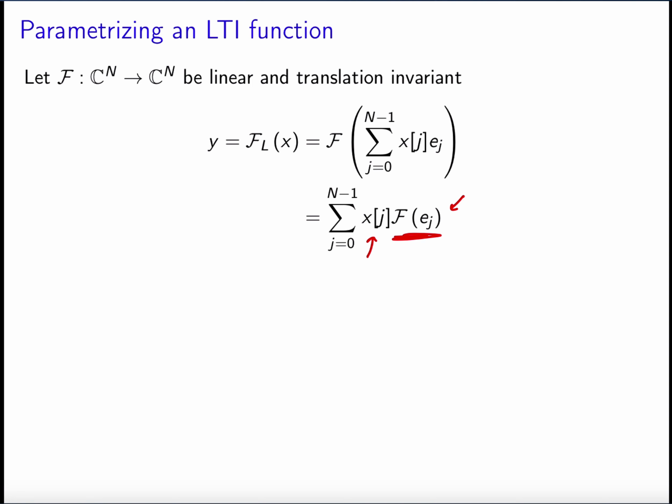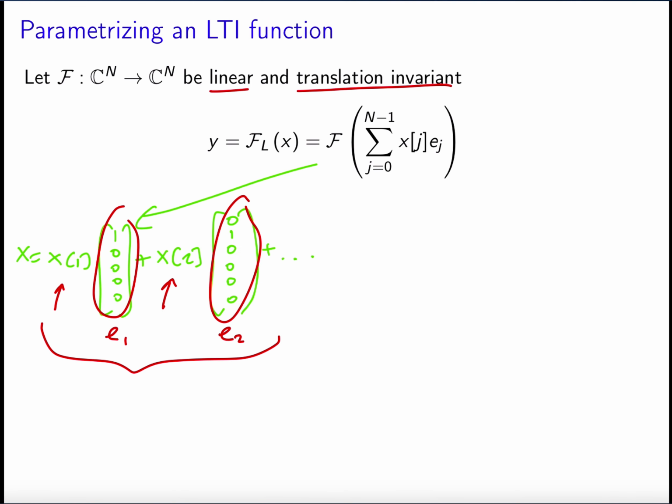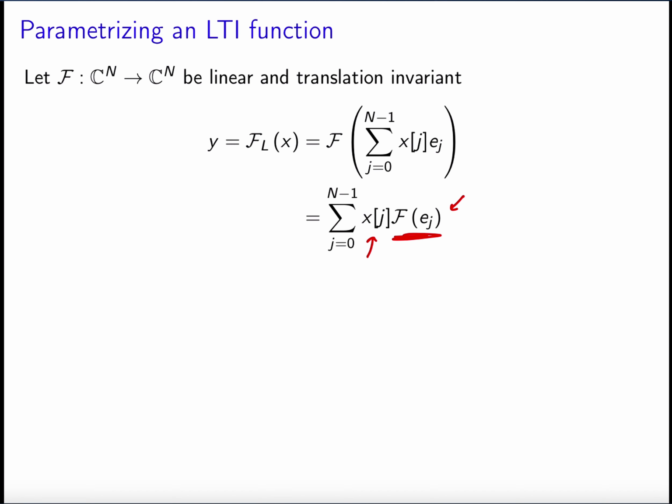But here we're going to go a step further. The idea is that if we're applying the function to this vector, the output should be exactly the same as if we apply it to this one, but shifted by 1, because the function is translation invariant. So when we apply the function to the jth standard basis vector, this is exactly the same as applying it to the 0th basis vector.